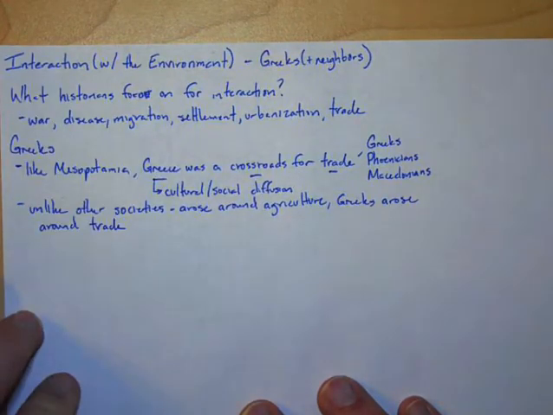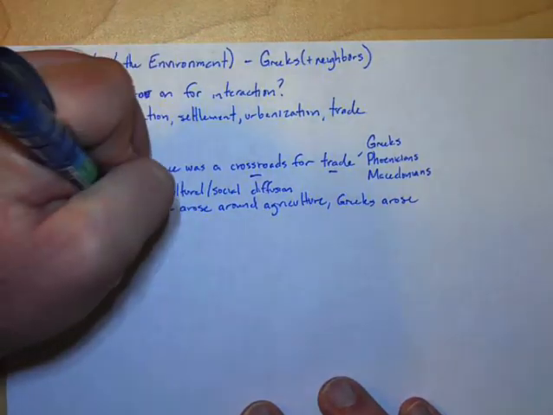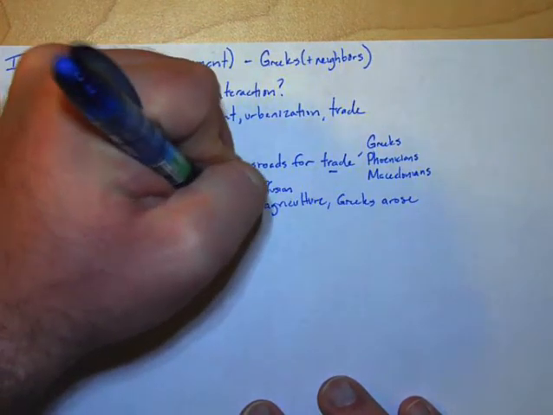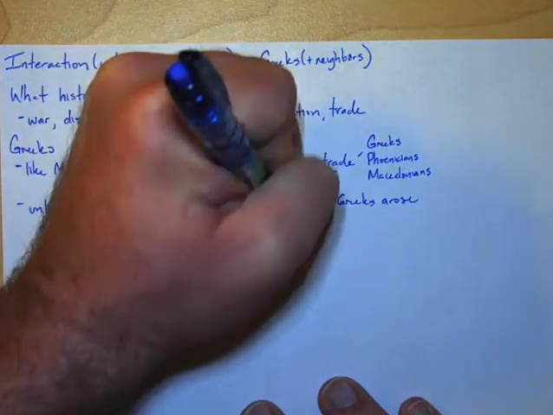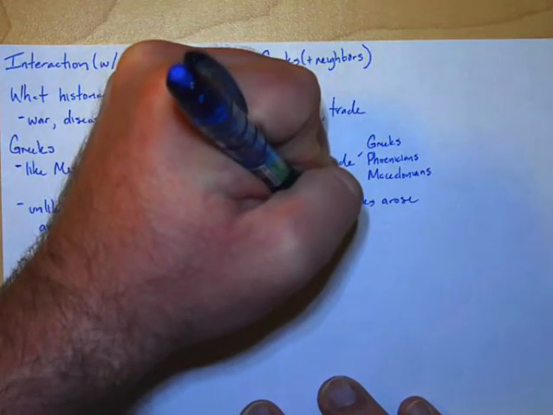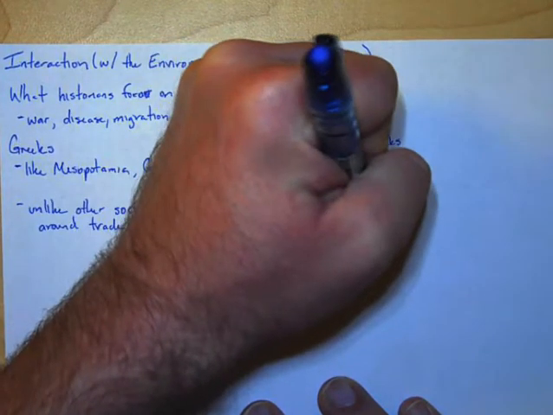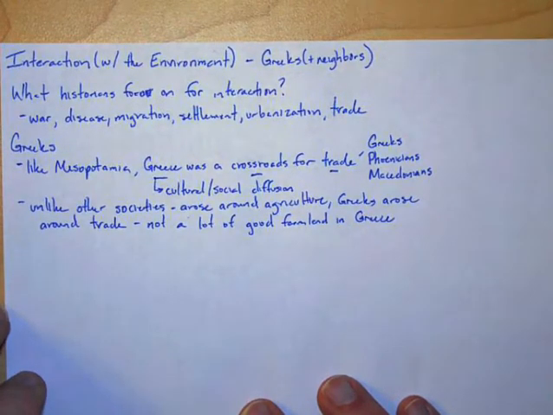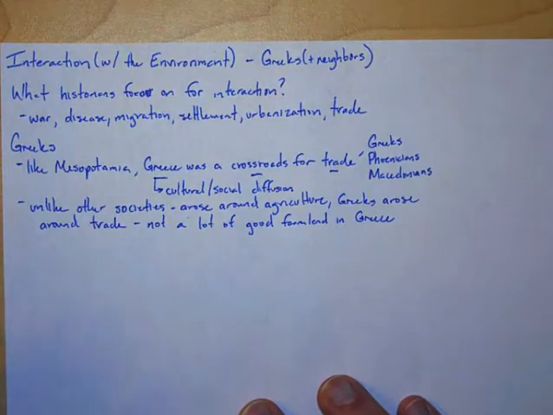The reason for this, there's not a lot of good farmland in Greece. Greece is a relatively small peninsula. It's surrounded by water, and the land itself is not that great for farming.